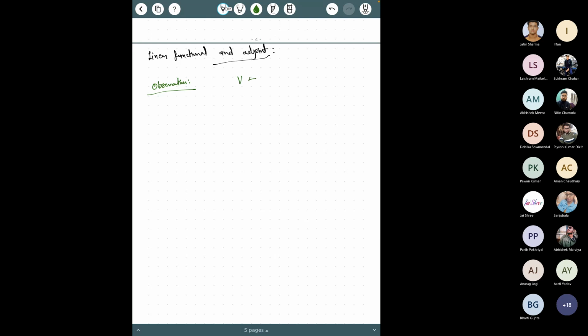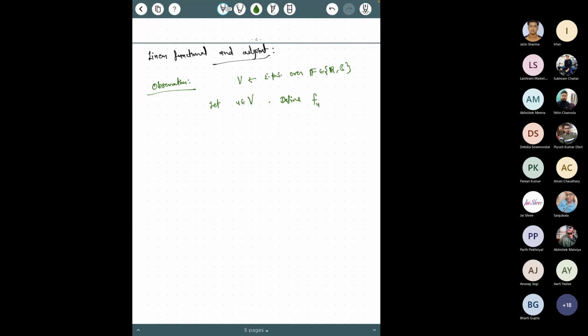Suppose that we have an inner product space V over the field F, where F is either R or C. And suppose that we have a vector u in V. Now, based on this vector u, we can define a linear functional on V. Linear functional means a linear transformation from V to F. So depending on this u, I can define this linear functional.